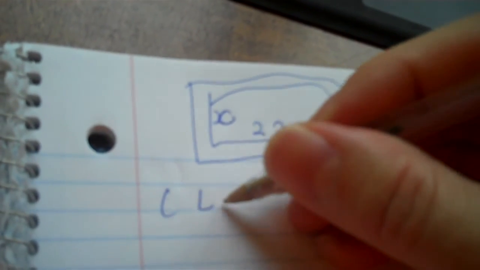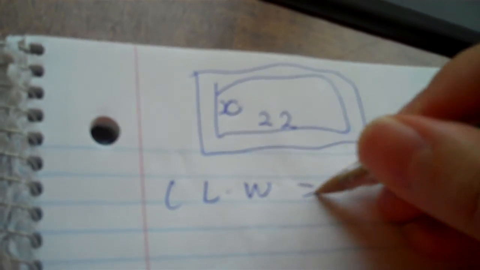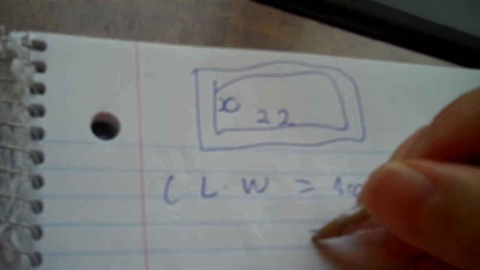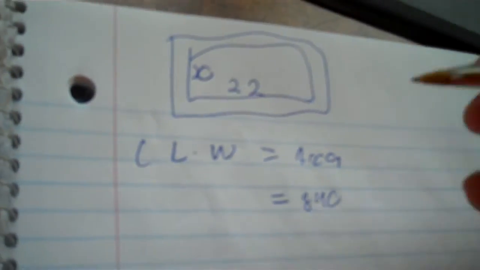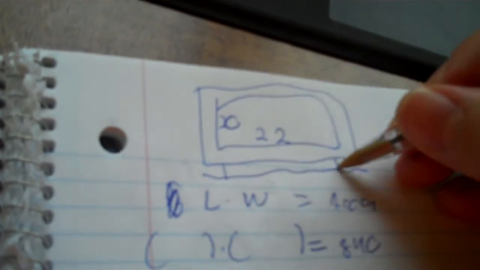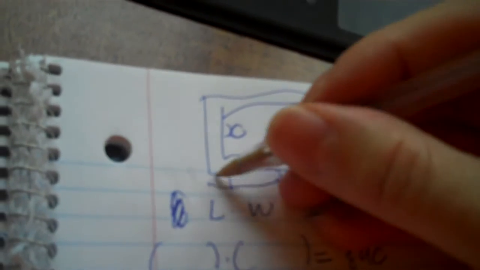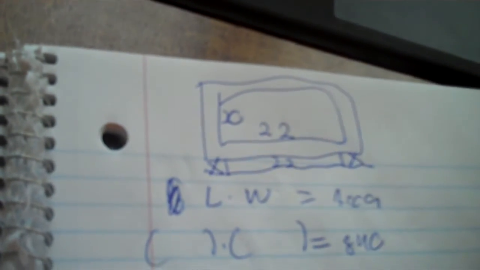So this is area, so length times width equals area. Now we know the area in this problem is 840, but we don't really know what the length and the width of the picture with the frame are. So for the length, I get that out of there. Measure the length. You know the middle piece is 22, but you have these x's because they're unknown.